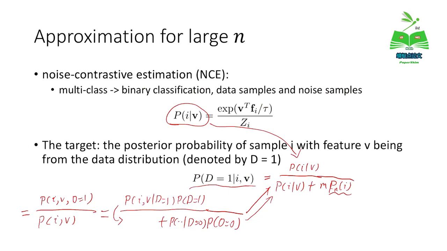Here, this one means it's a uniform distribution. We have n noise samples, so the probability to select one from them is 1/n. And from the data, we believe the data sample is 1 versus n.